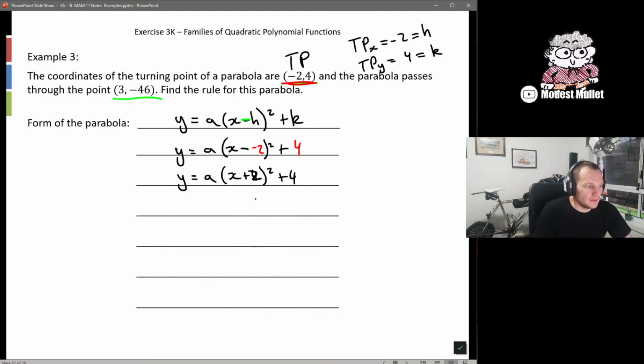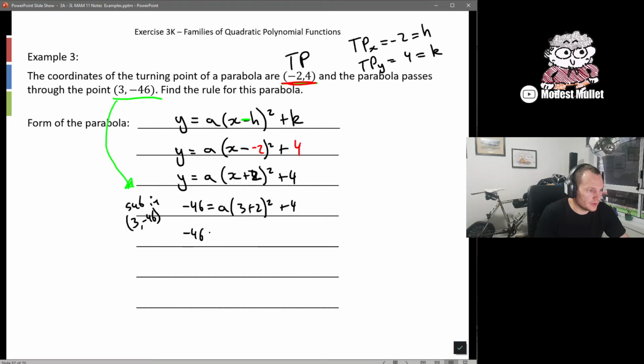Finally, as we said before, we can substitute in this bit of information for x and y, find a. So we're going to sub in (3, -46). -46 is equal to a(3 plus 2) all squared plus 4, so -46 is equal to 25a plus 4.